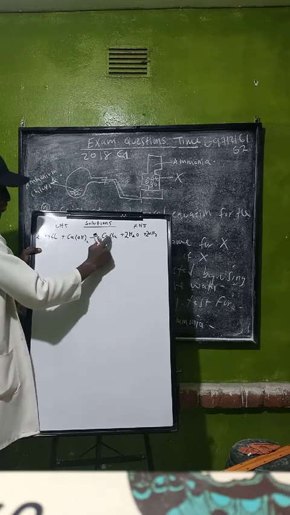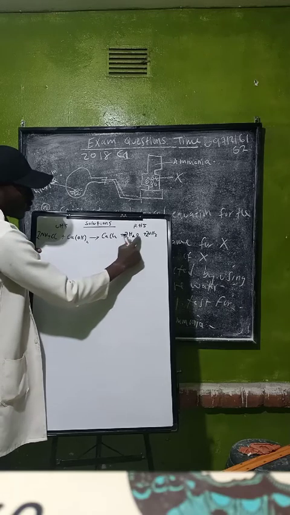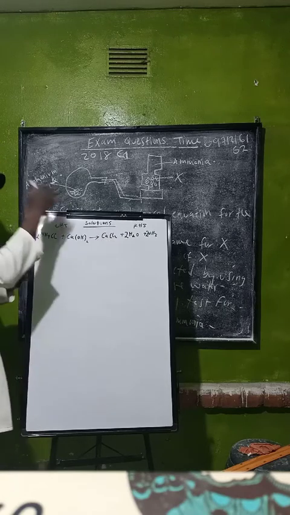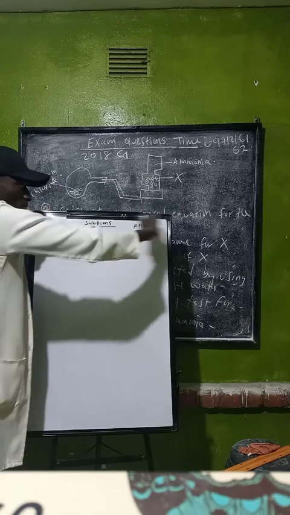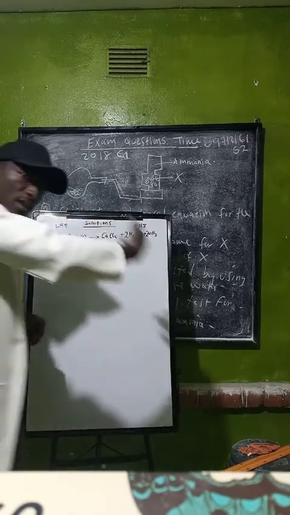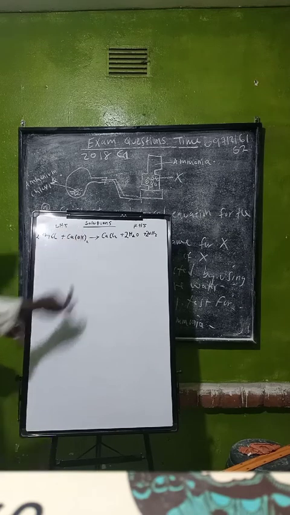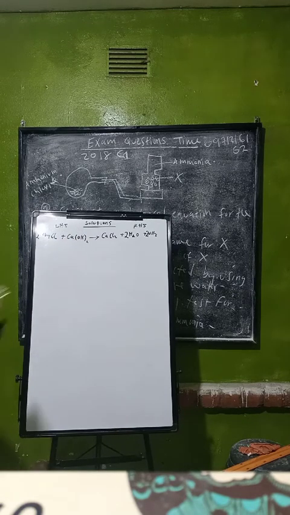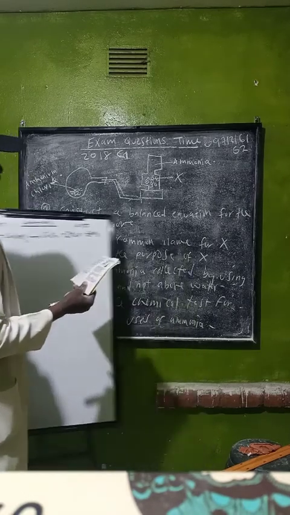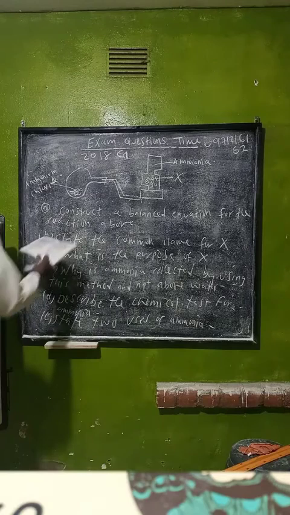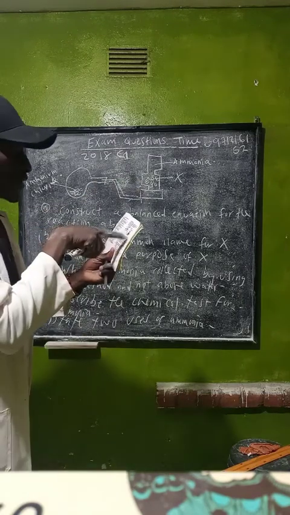Calcium 1, oxygen, this is 2 oxygens, I have 2 oxygens. So this becomes balanced. After you check that everything is balanced, you say it is balanced. So we have handled question 1. Kindly, quickly, let's go to question 2. If you look at question B, that diagram, they are saying, state the common name for substance X.